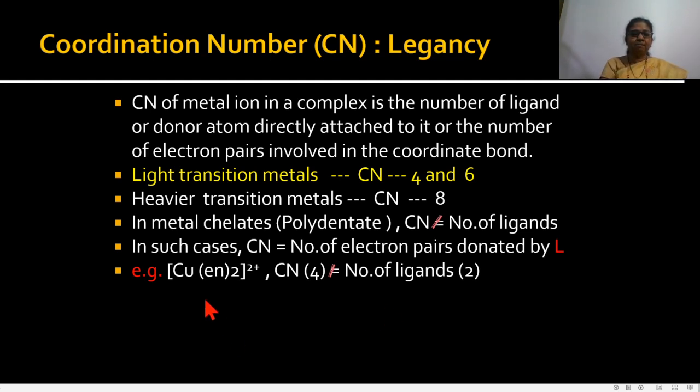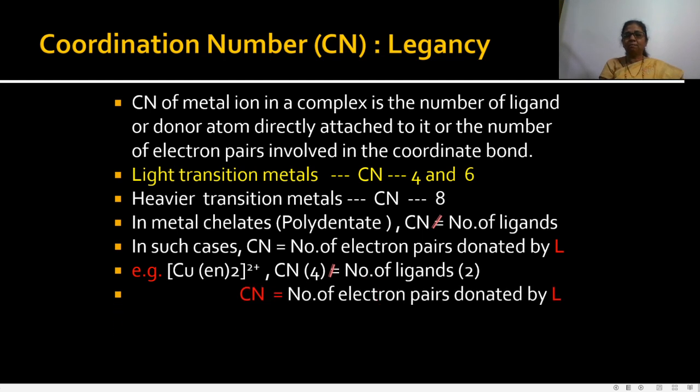In this example, this is the central metal ion and these are the ligands. There are only two ligands. If the coordination number of the metal ion were equal to the number of ligands, it would be 2, but in this example there are two ligands and its coordination number is 4. Because these are bidentate ligands, the points of attachment are 2 each. Therefore, the coordination number is not equal to the number of ligands, but it is equal to the number of electron pairs donated by the ligands.